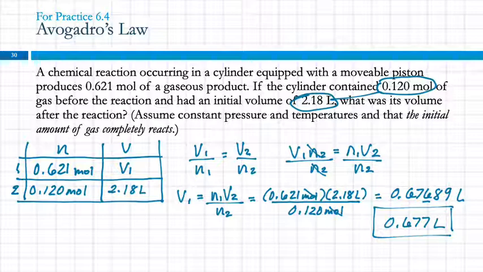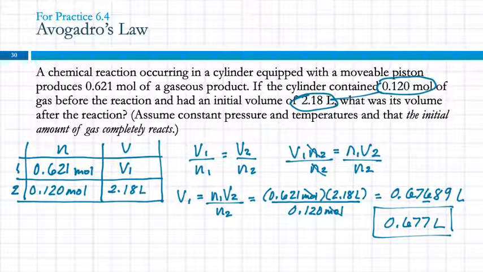It should be 0.120 moles times 2.18 divided by 0.621. I think you just put the calculator on. I'm getting 11.2815. How did that happen?